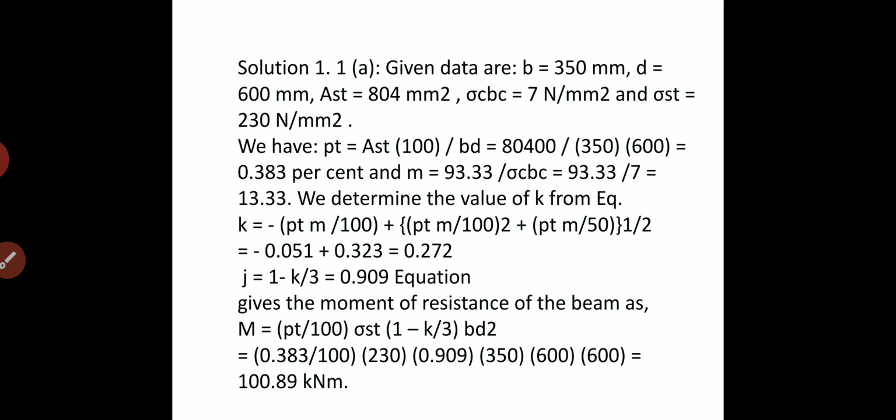So all the values are put in this equation: 0.383 divided by 100, sigma ST is 230, 1 minus K by 3, which is the value of J, so we put here 0.909, B value 350 and D square 600 into 600. After calculating these values, M equal to 100.89 kilonewton meter.